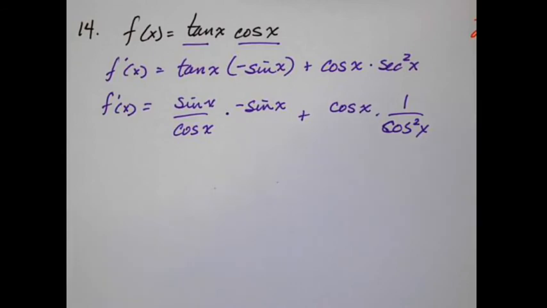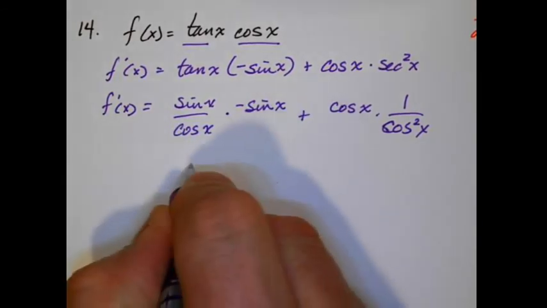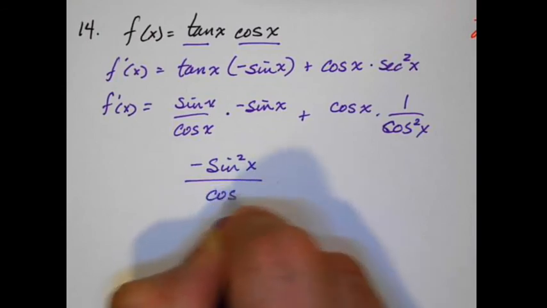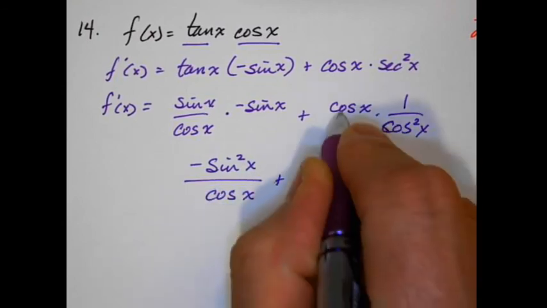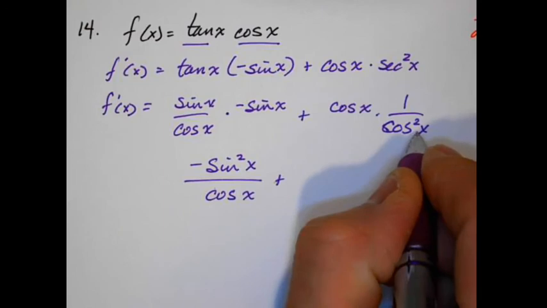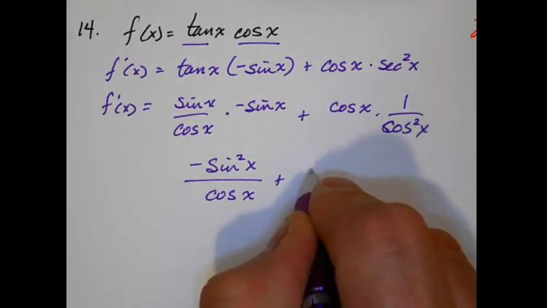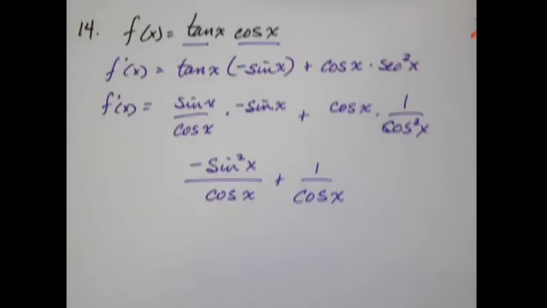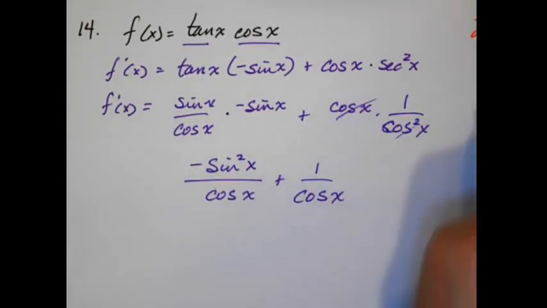So far so good. I'm going to multiply the tops. I get negative sine squared x over cosine of x plus cosine times 1 divided by cosine squared is 1 over cosine of x. Okay, because I can cancel one of those cosines.